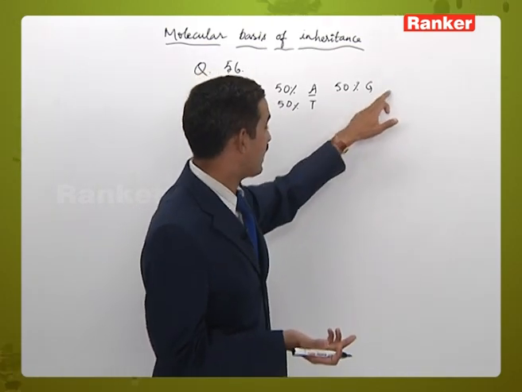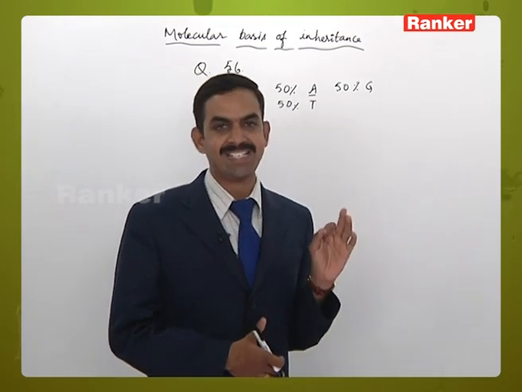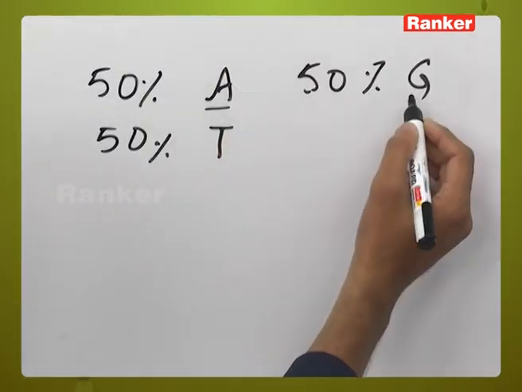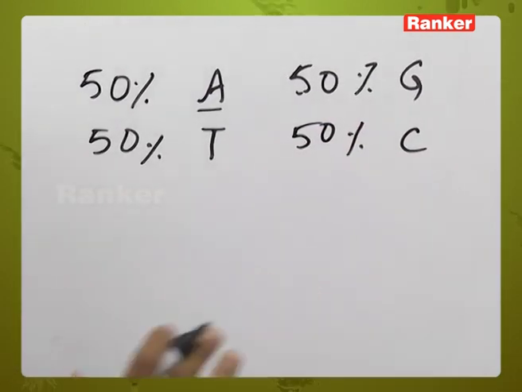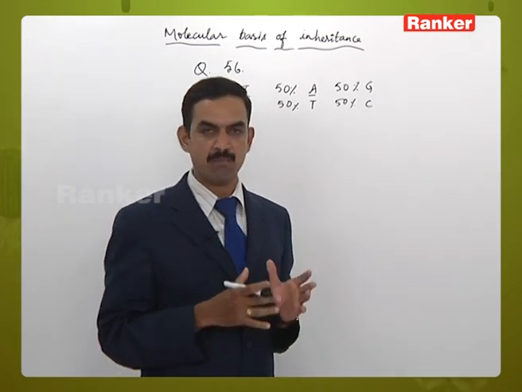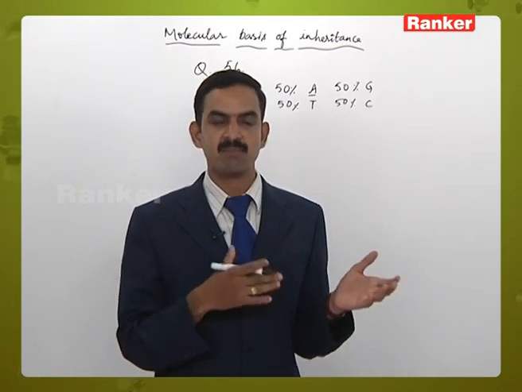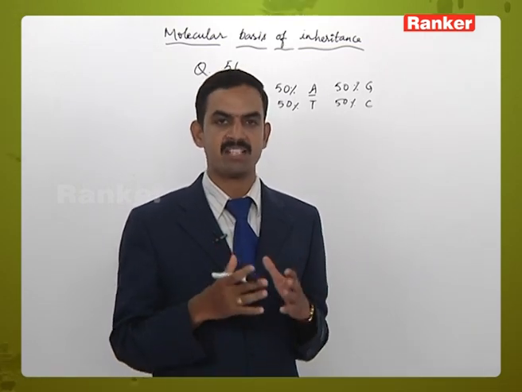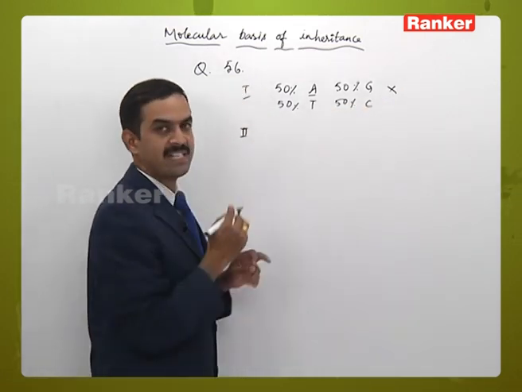But what about this guanine that is 50%? That is not possible in a DNA molecule, because when guanine is 50%, cytosine should also be 50%. It is coming to 200% of nitrogen bases. The total number of the nitrogen bases, whatever may be the number, should be 100%. So that one is incorrect.